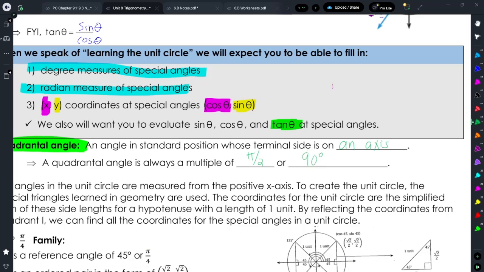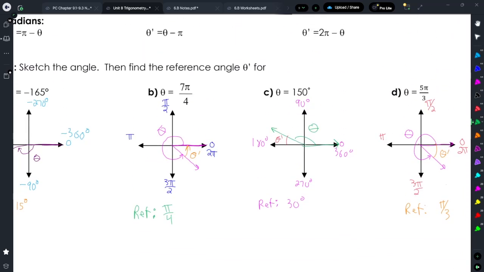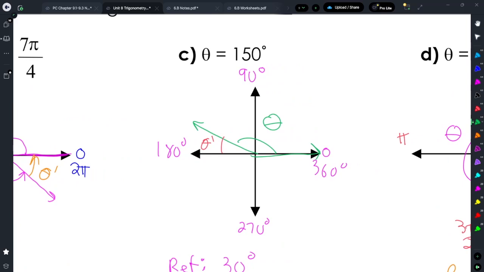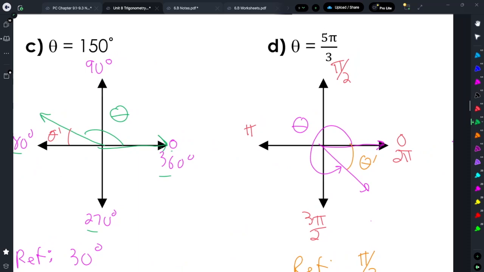Like I said, we've done that before up here. At each of these quadrants, we had 0, 90 degrees, 180 degrees, 270, and 360. Those are all multiples of 90, and those are the angles that separate the quadrants, so they're called quadrantal angles.